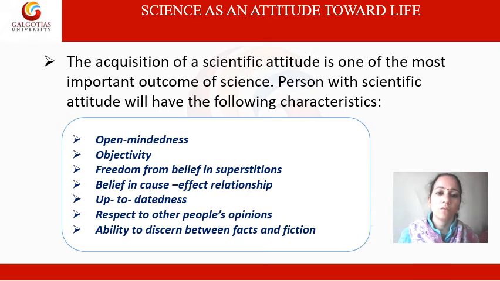If we have the knowledge of 5 years back and are not up to date with the current knowledge, then we cannot say that we have a scientific attitude, because science is a dynamic process and so many changes are going on day by day. So for having a scientific attitude, we should have up-to-dateness.